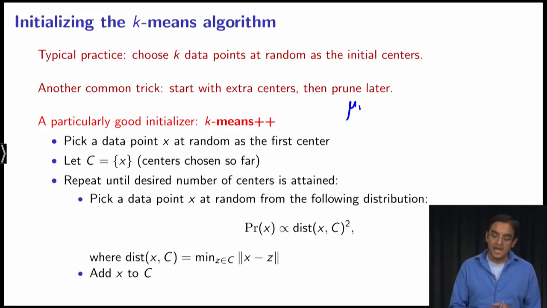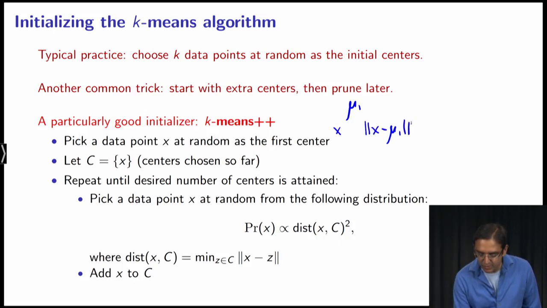The way we do that is that we say that the probability of picking a point x is proportional to the distance from x to mu1 squared. So if something's very far from mu1, there's a higher probability of picking it. And if x is equal to mu1, the probability is 0. So it certainly will not pick mu1 again.